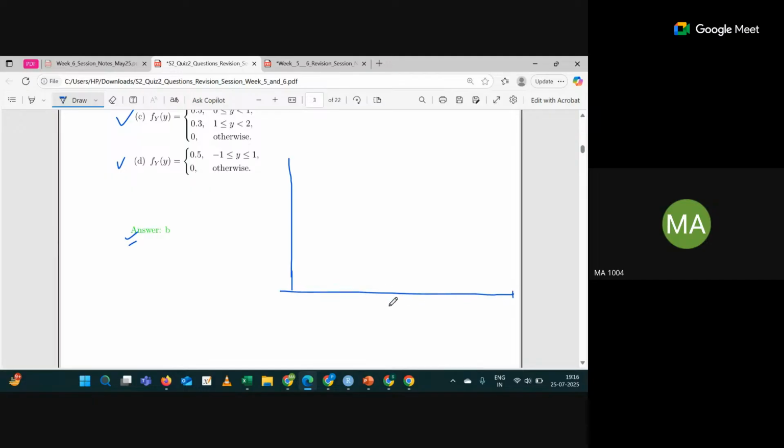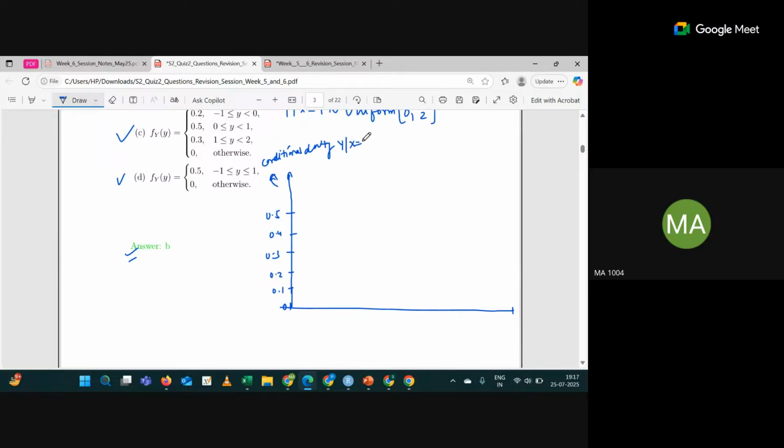Suppose this is the y-axis, this is 0, and suppose this is 0.1, 0.2, 0.3, 0.4, and 0.5. The y-axis is nothing but the conditional density, Y given X equal to x.